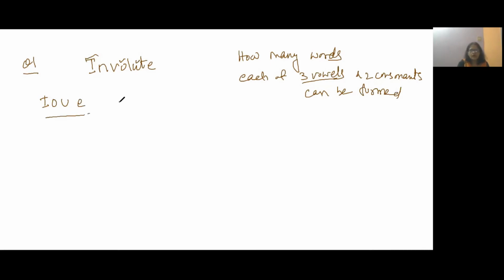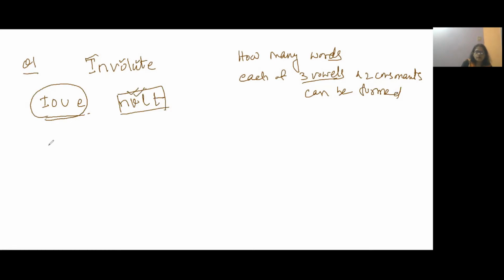Then N, V, L, T. So these many consonants are there. While selecting, you have to select three vowels, and obviously vowels are to be selected from the vowels only. Similarly, two consonants you will select from here.